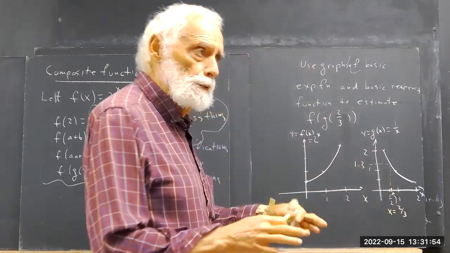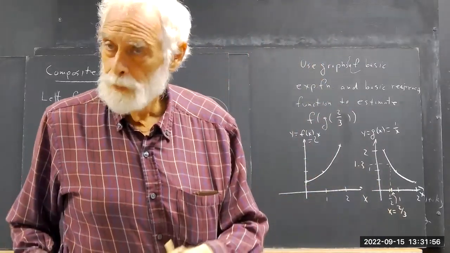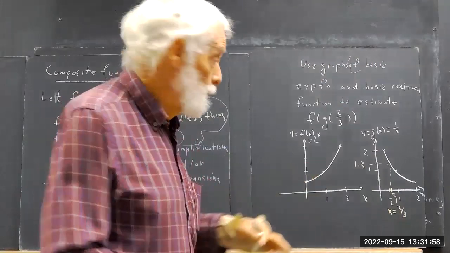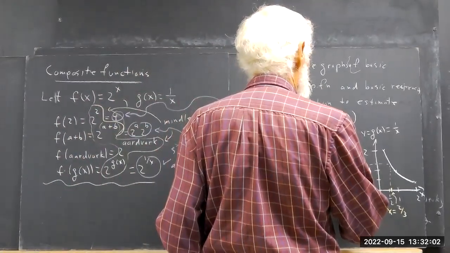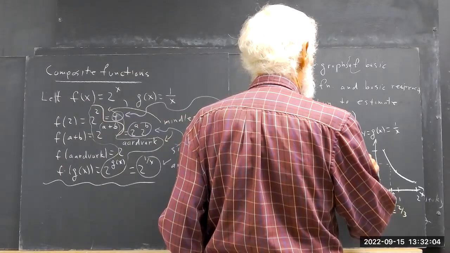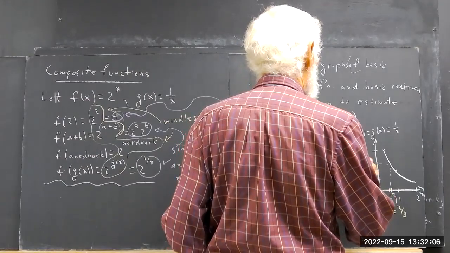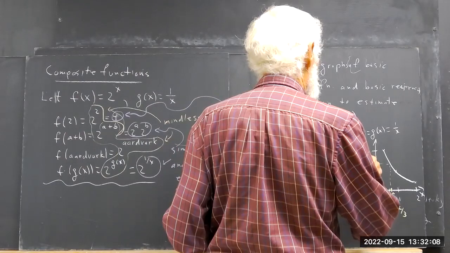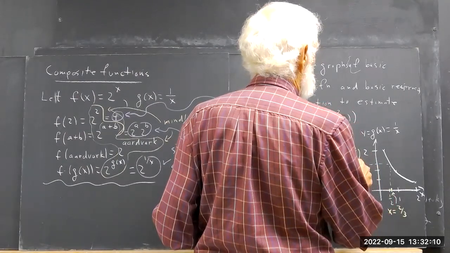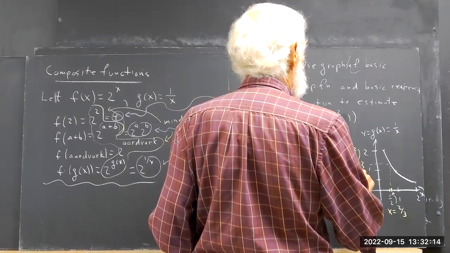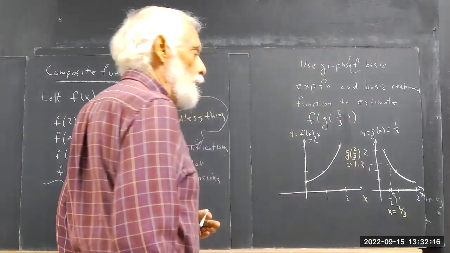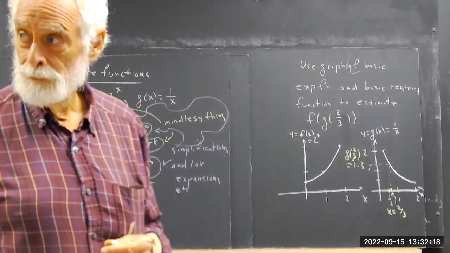And if you really want to write everything you can that helps you see what the picture is, so we could write that's a 2/3 there. g of 2/3 is approximately 1.3.